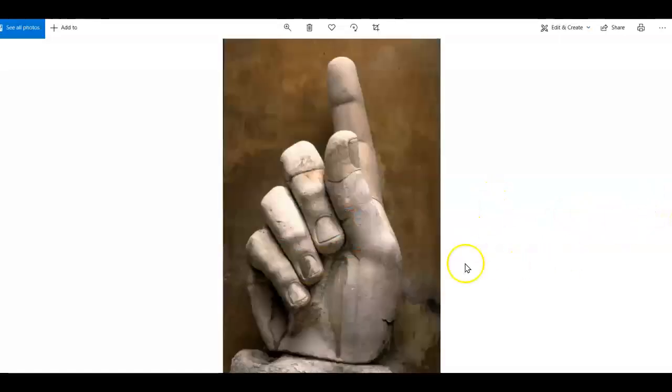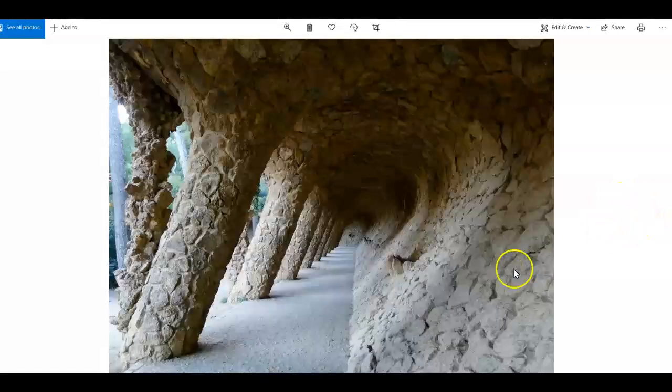Okay, so let's go over this a little bit. Here is an asymmetrical piece. This is a mammoth hand. I think this is in Rome, from one of their statues. Looking at this is also Parque Güell again.